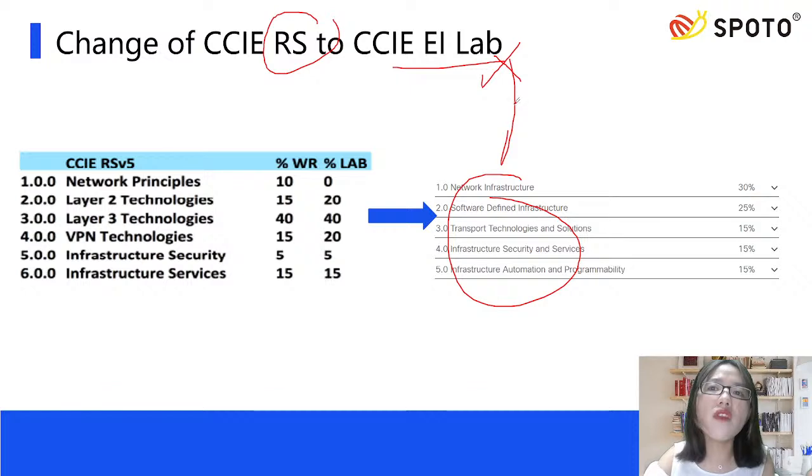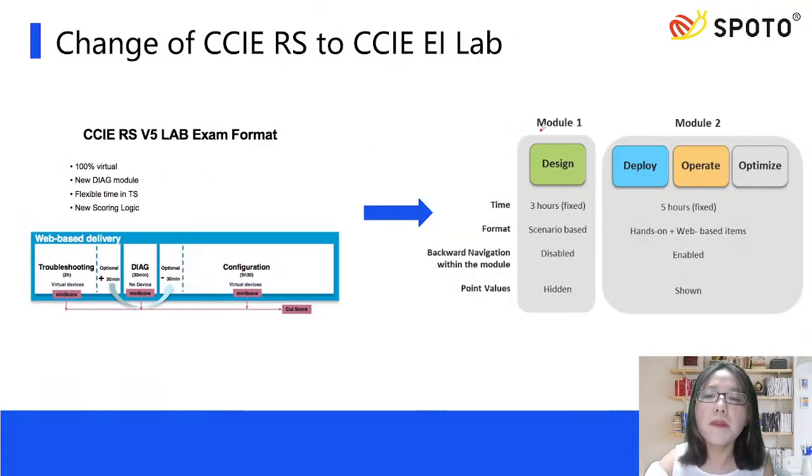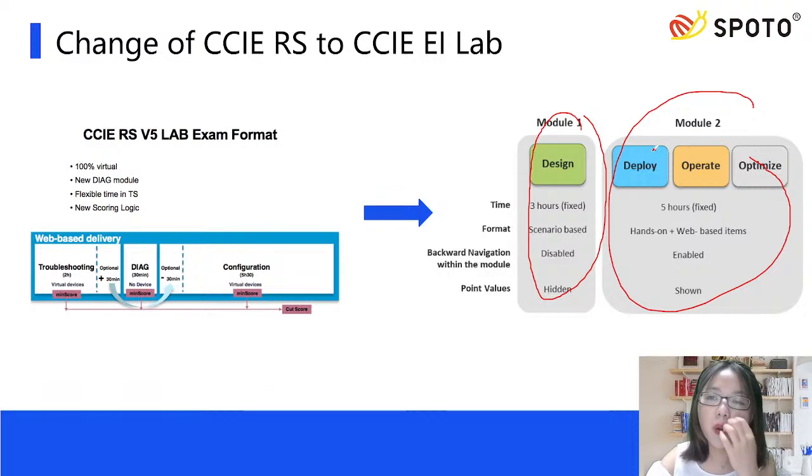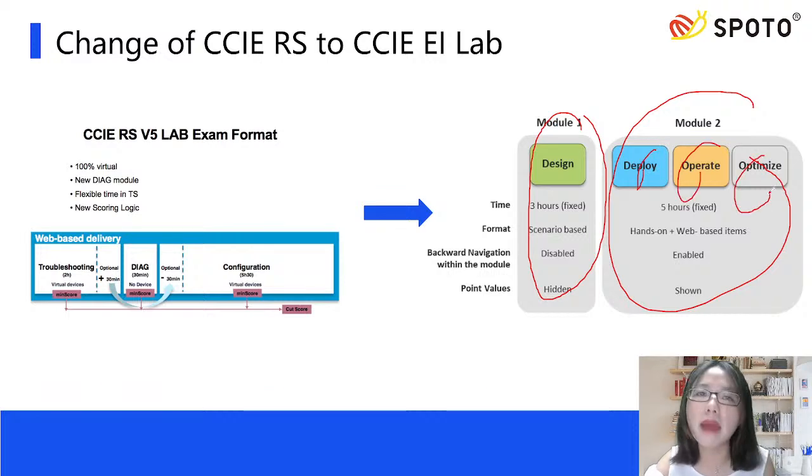Instead of having three modules as the old CCIE routing and switching did, the new exam has two modules, mainly divided into design and DOO. DOO includes deployment, operation, and optimization. This exam is 8 hours total, with the first module being 3 hours and the second module being 5 hours.